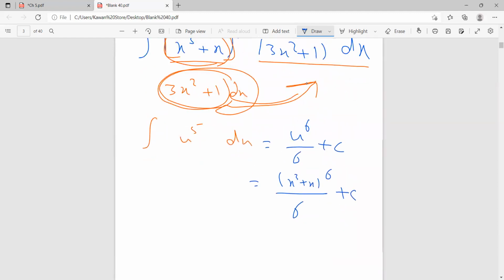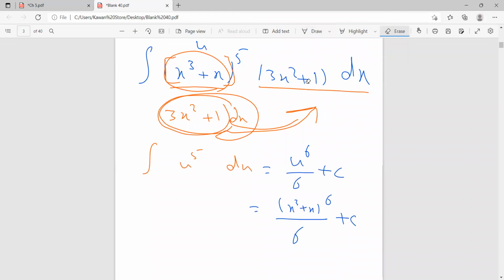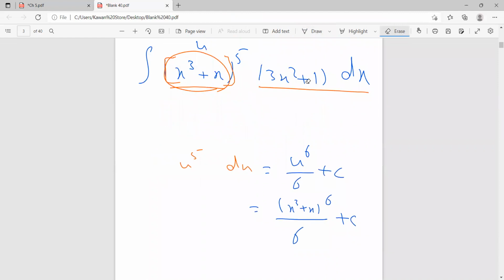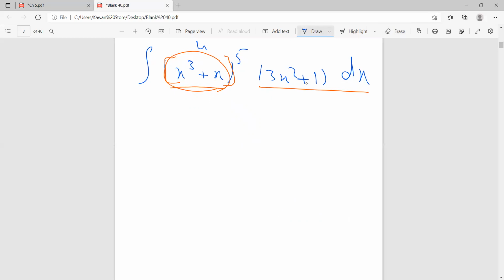The second method, which I'm going to solve directly for you, is that you don't need all these details, because you are in engineering, a science student, and I know you are good at math. I'm going to say in my mind that that one is u.